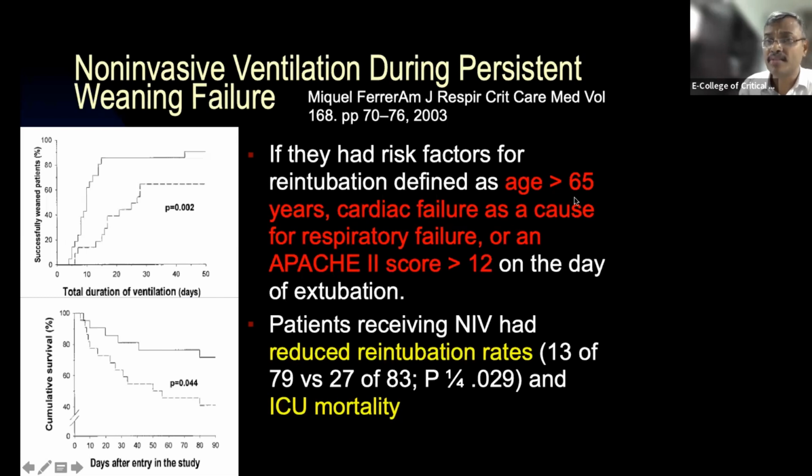If age is more than 65, if cardiac failure is the cause, cardiogenic pulmonary edema, or APACHE is more than 12, just go for NIV. Whenever there is COPD, cardiogenic pulmonary edema, or a high APACHE score, don't just extubate to a face mask, extubate to NIV. It works very well. This is called preventive NIV, 2024.